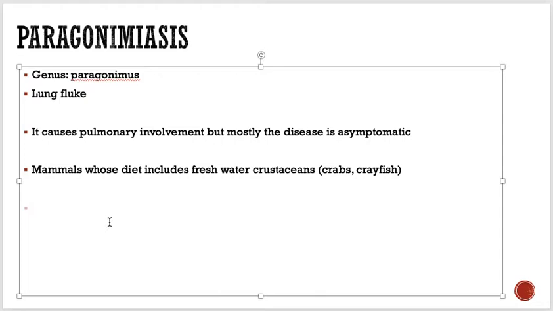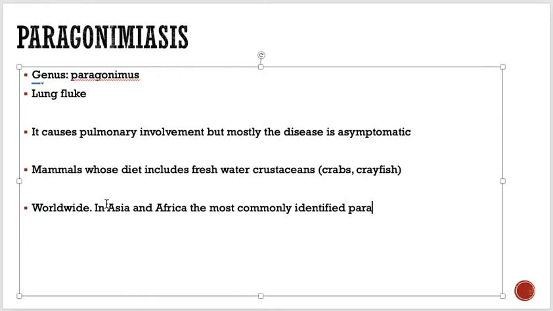And the distribution is worldwide. Okay, so most parts of Asia and most parts of Africa. It is most commonly identified in Asia and Africa, and the parasite is basically Paragonimus westermani.